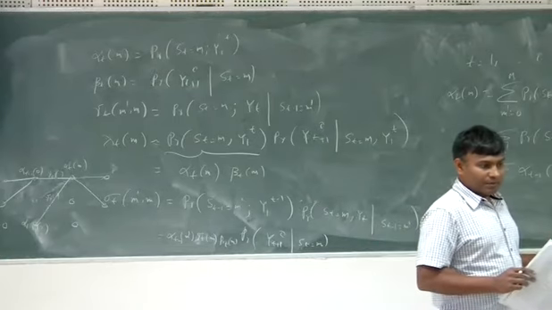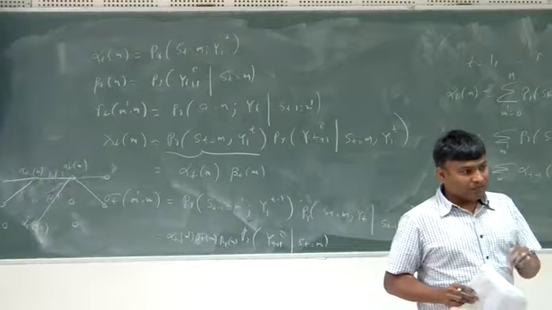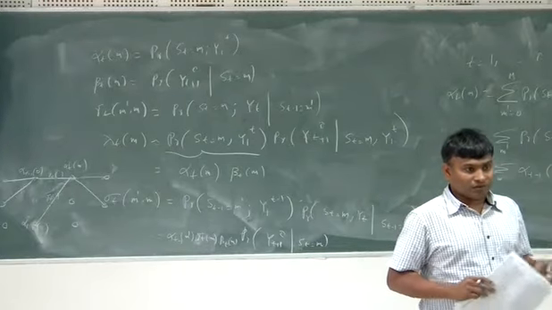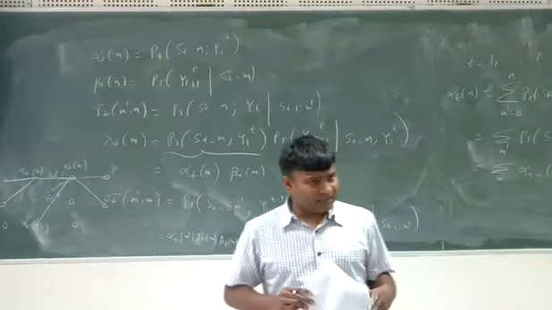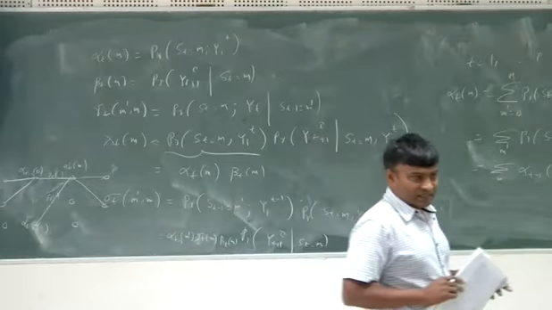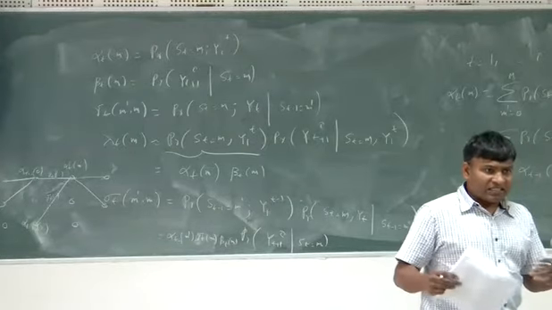That is the way of obtaining APPs. Of course, even the Viterbi algorithm has subsequently been modified to deliver soft outputs. I'm not going to describe that. In fact, there are many relationships.